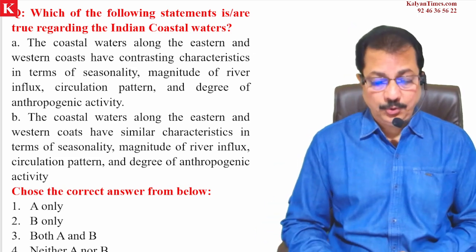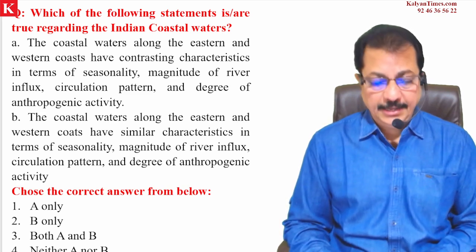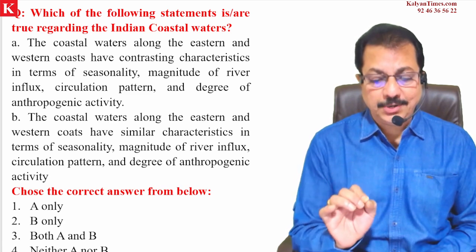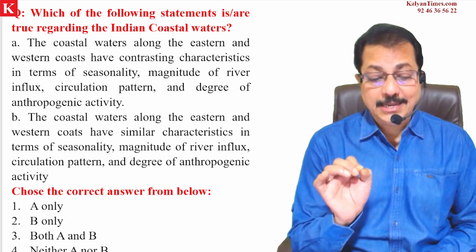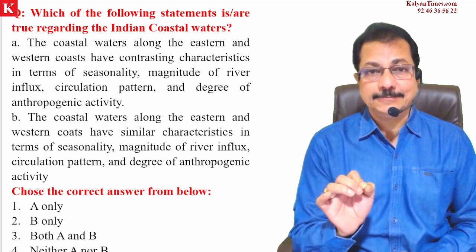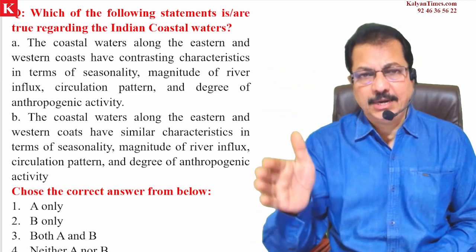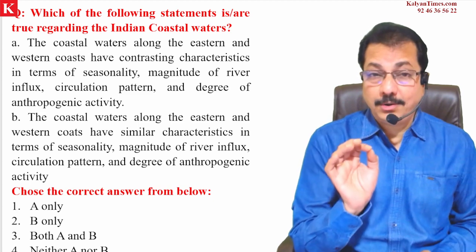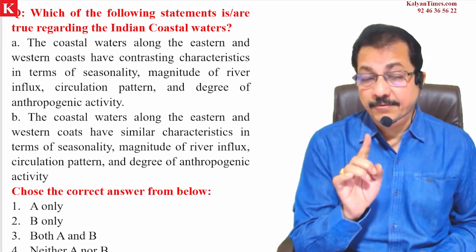This is what we are going to understand. Look at this. If you look at statement A, the coastal waters along the eastern and western coast have contrasting characteristics, meaning our east side water, west coastal water, they have the contrasting characteristics. Is it true? This is really very important.